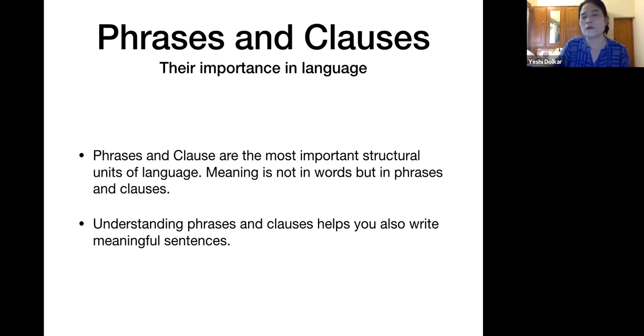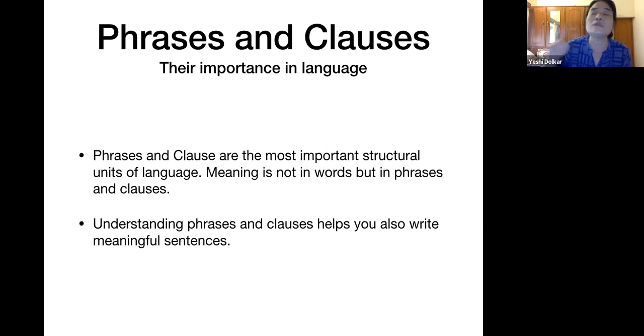Translation. All right, so sentence and clause and phrase.